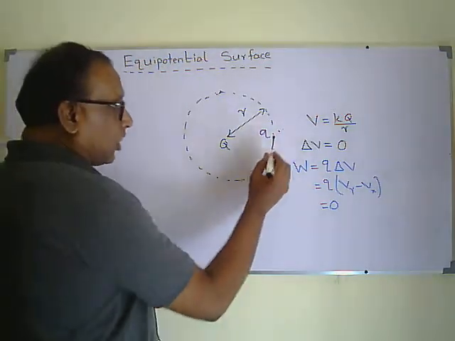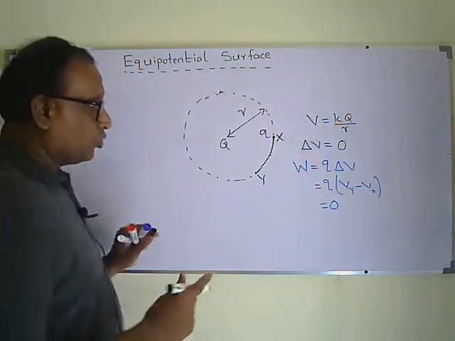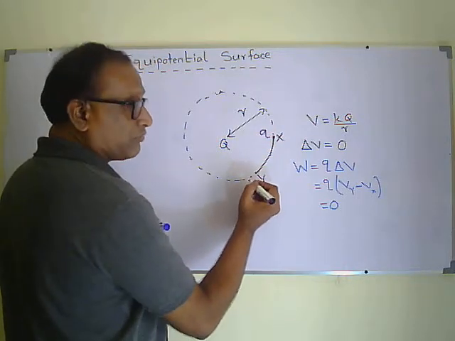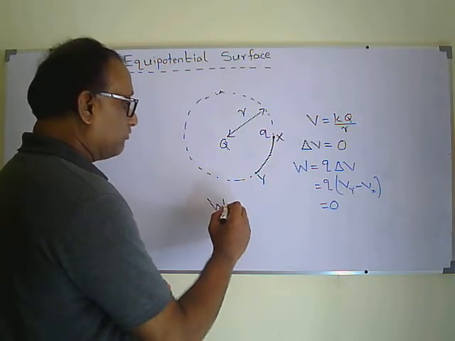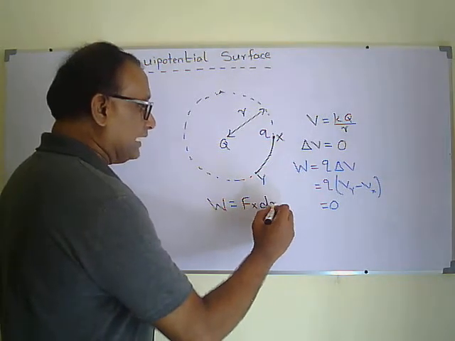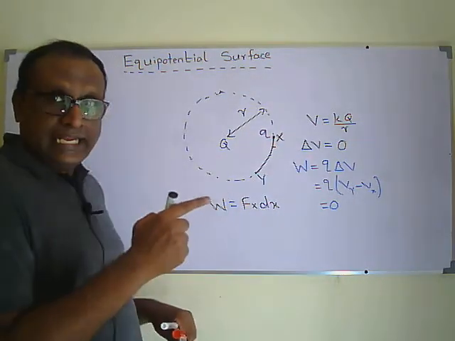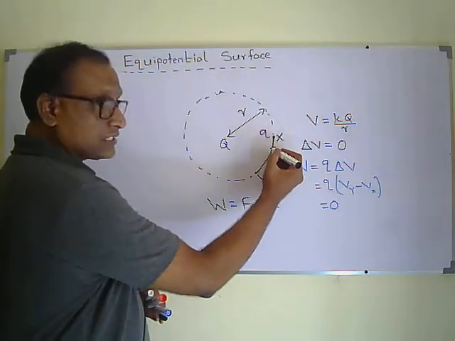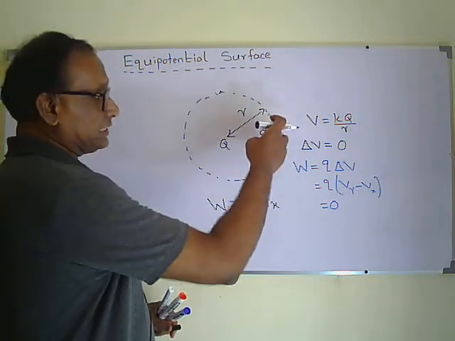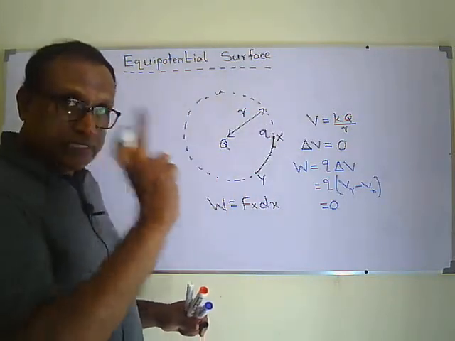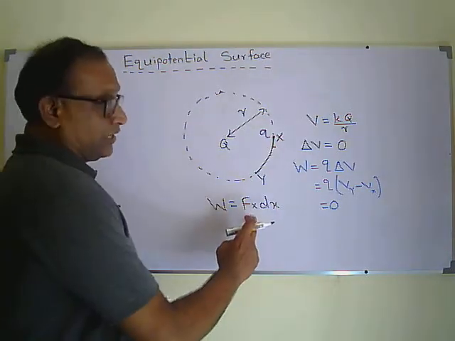When it moves along the equipotential surface, if it experiences any force along its direction of motion or opposite to the direction of motion, then according to W equals force times distance moved, dx, a small distance on the way, there will be work done.